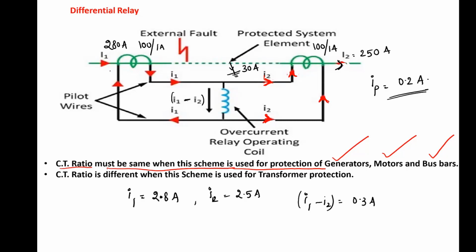However, the CT ratio will be different when the scheme is used for transformer protection. Obviously, the voltage and current values on primary and secondary will be different, so the CT ratios should be different.